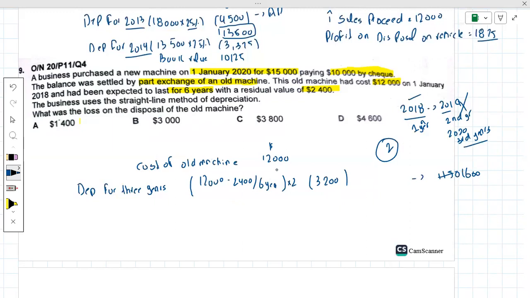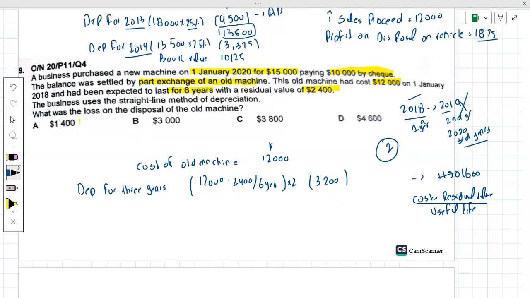This was $12,000. Okay. And first of all, we have to find out its depreciation. Since we are using the straight line method, we have the formula: the cost minus residual value, divided by useful life. So as we can see, we purchased this machinery in 2018.